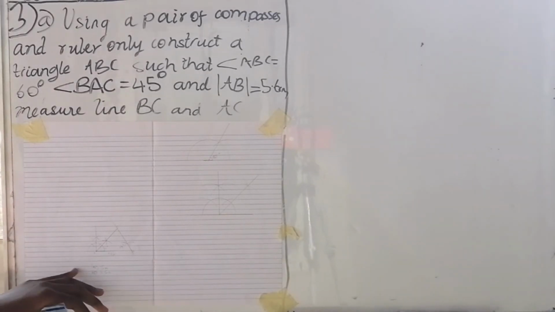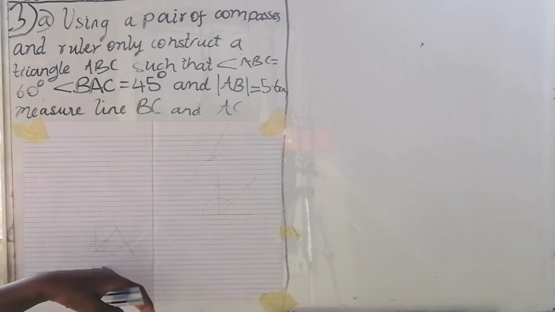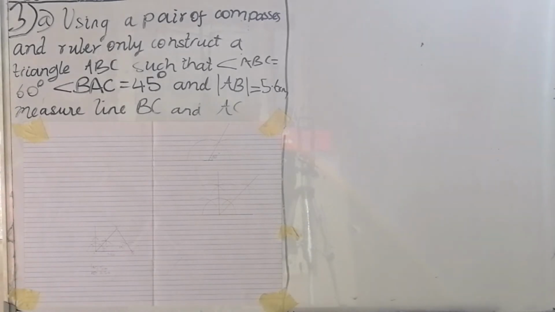So we can write our therefore: line AC and BC, 5 centimeters, 4.5 centimeters.